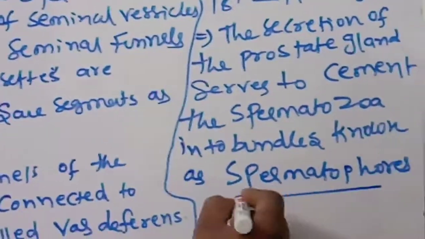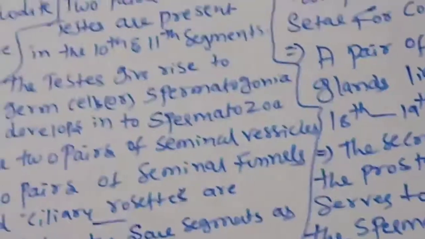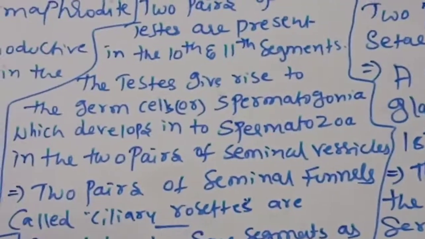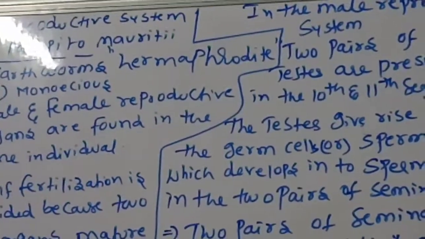Okay, children, like this, very, very important parts are there in the reproductive system of earthworm.